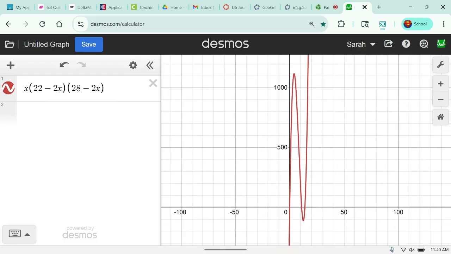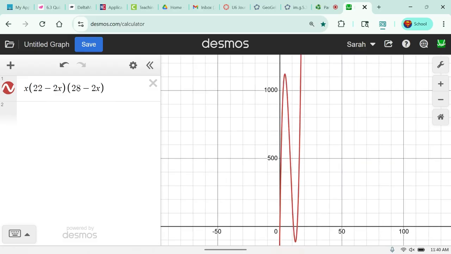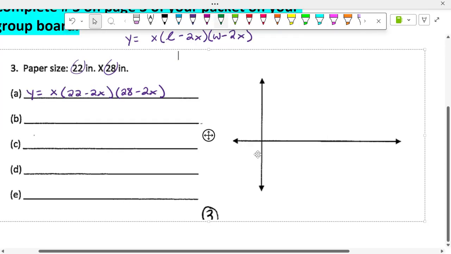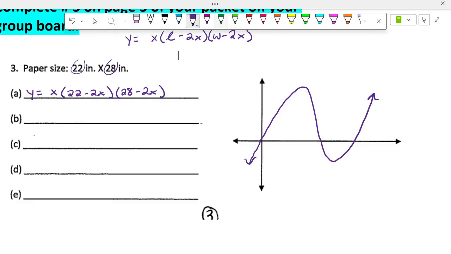All right, so here's what the graph kind of looks like. So if we draw the graph, it looks something like this. Now, letter C asks, what is the largest square that you could cut out of the corner?